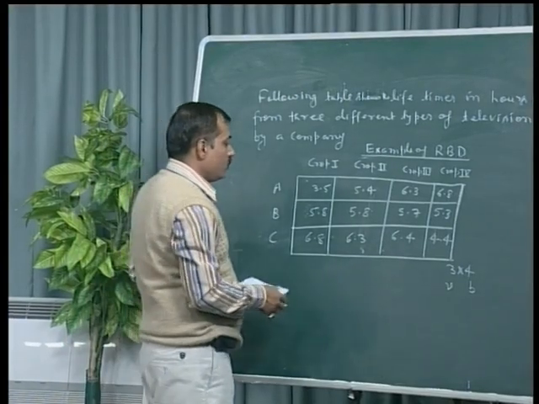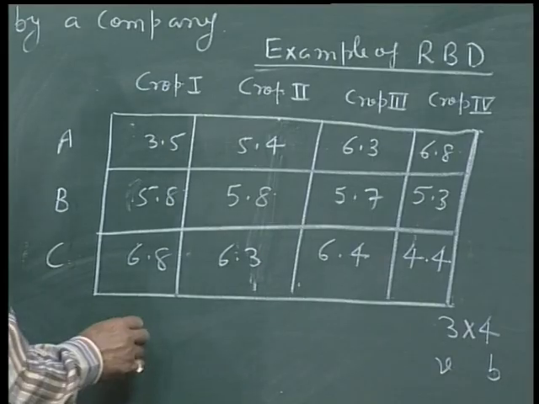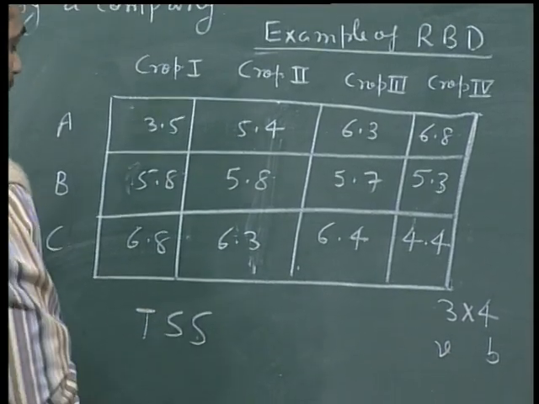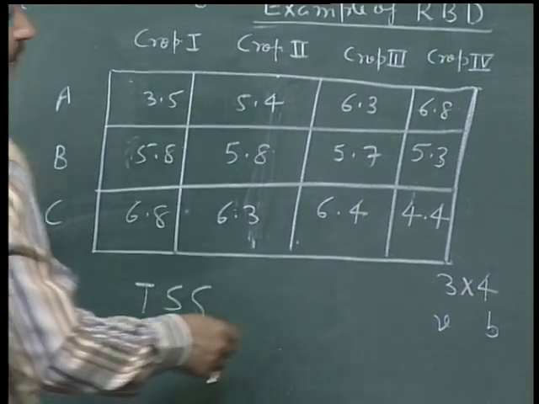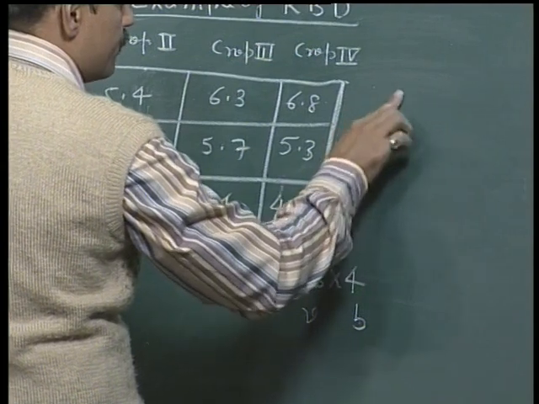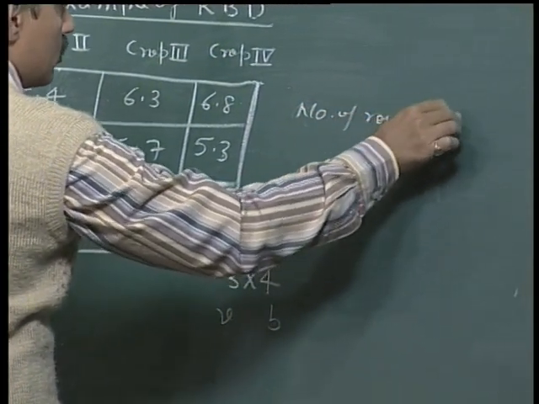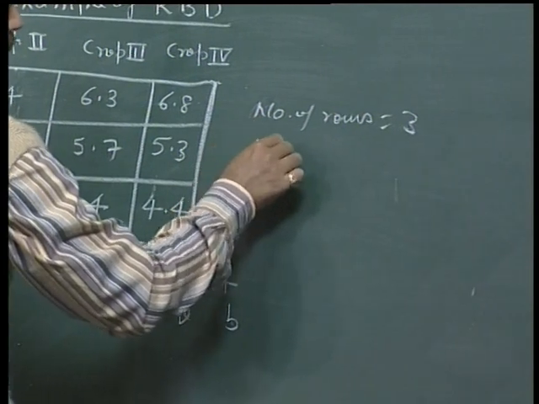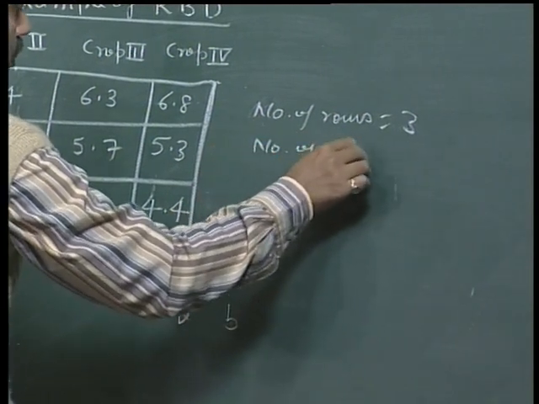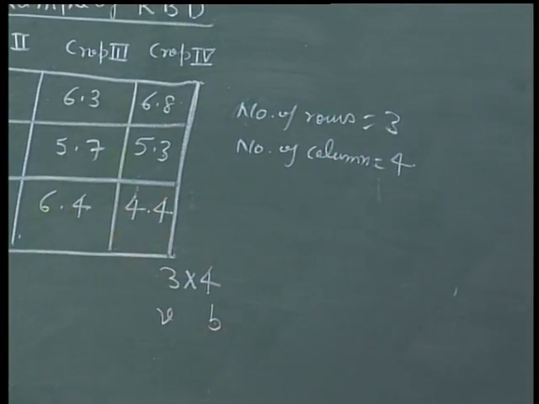By applying two-way analysis of variance for RBD, we can find the value of the total sum of squares. Here the number of rows is 3 and the number of columns is 4.